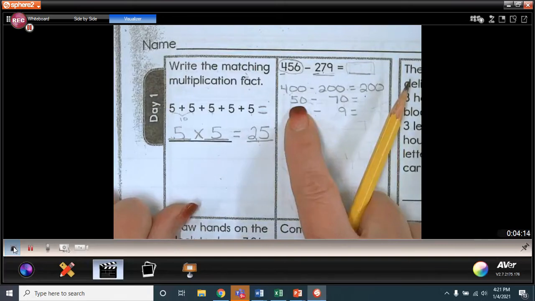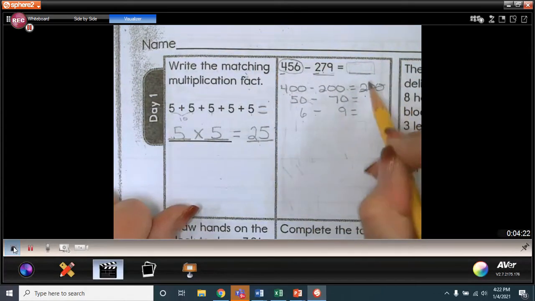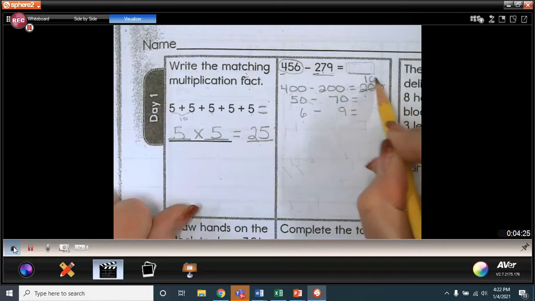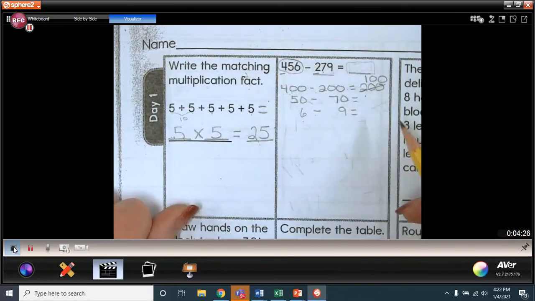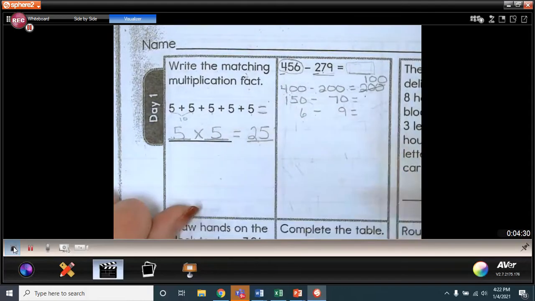This is why I started with my hundreds: I need to borrow 100 to be able to subtract. If I borrow 100, that leaves me with 100, and I'm going to take the 100 that I just borrowed and add it to the 50, and now I have 150.